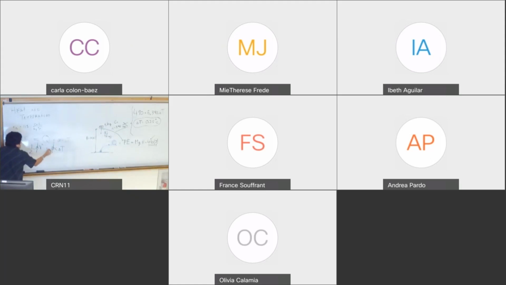Mass cancels, so the parameters to know the change in temperature are this and the speed, which is 295 meters per second.